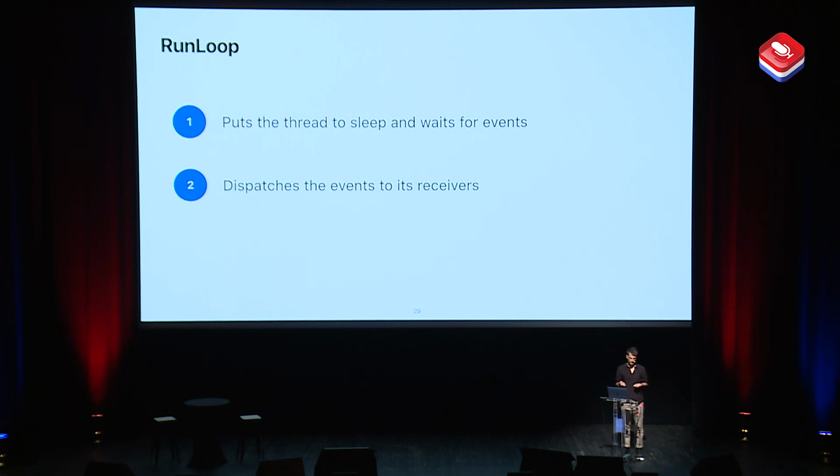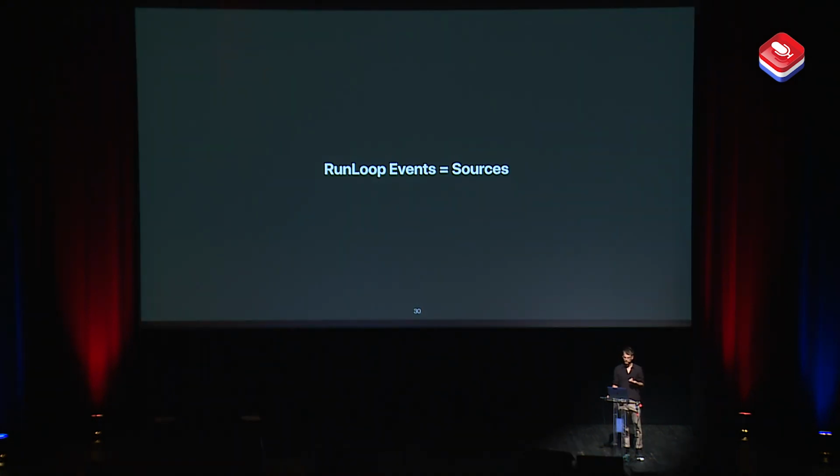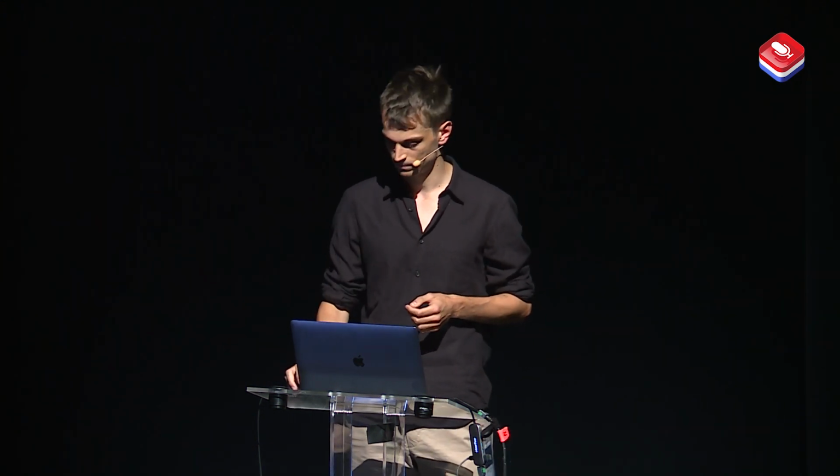And secondly, it dispatches the event to its receiver, waking up the thread. So what's our run loop's event in an iOS app? Well, it can be a lot of things, but let's consider that it's just system events. Things like touches, keyboard input, screen locking, things like that, and Apple calls them sources.